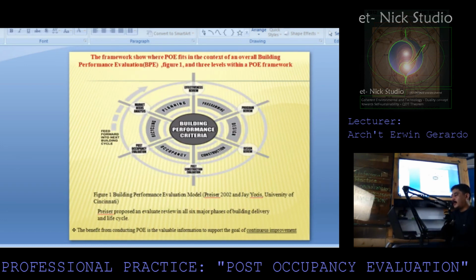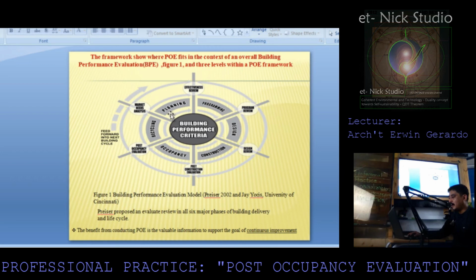The framework shows where PO fits in the context of an overall building performance evaluation, abbreviated as BPE. This figure shows the three levels within a PO framework. So here you could see that there's actually a cycle of how PO is conducted.